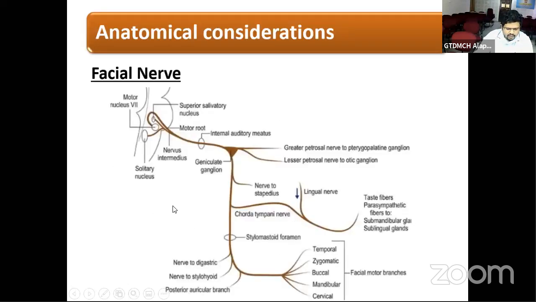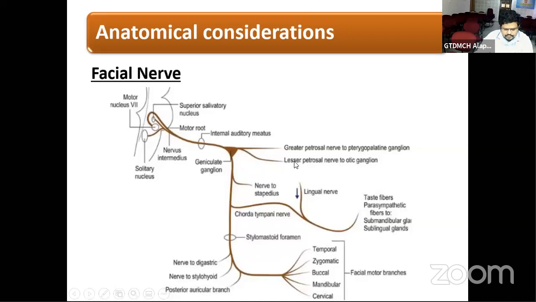Okay, you can see the facial nerve. So, superior salivatory nucleus, motor nucleus of the facial nerve, then the motor part and the nervus intermedius join outside the brainstem. Then through the internal auditory meatus, there is a genu. This is geniculate ganglion. Here it gives two branches: greater petrosal nerve, lesser petrosal nerve. Okay.